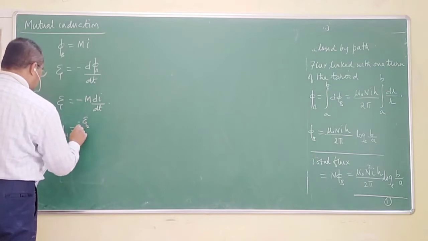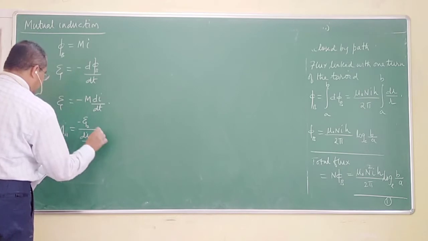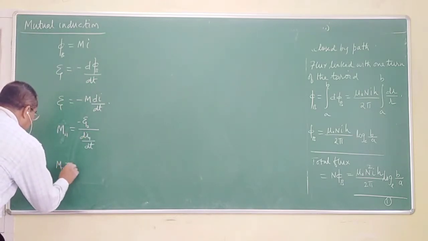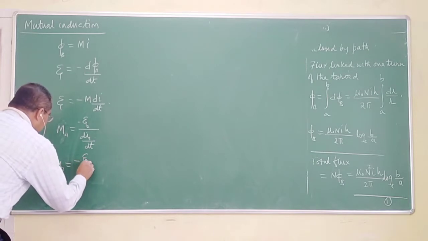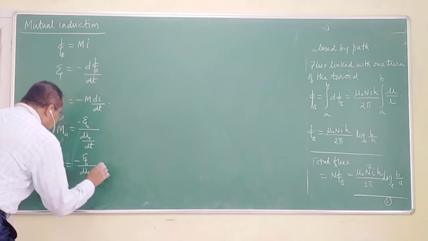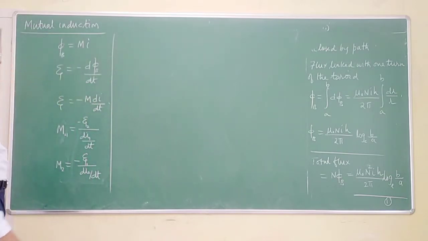Or I can also write M12 is equal to minus E1 upon di2 by dt. Is that okay to you, sir?